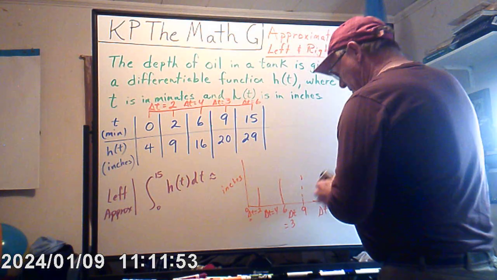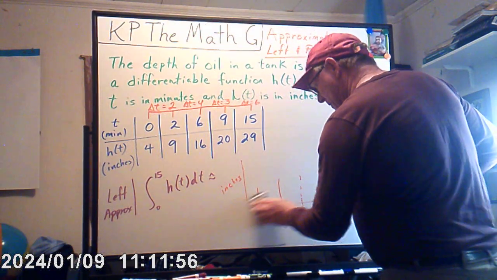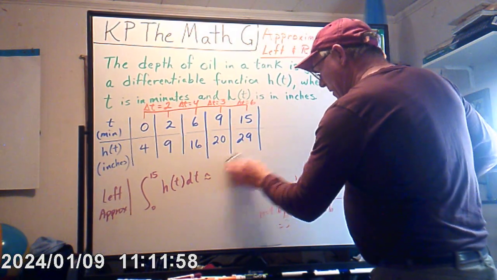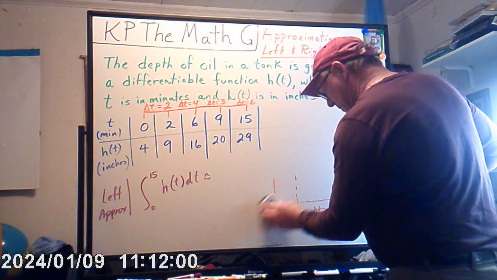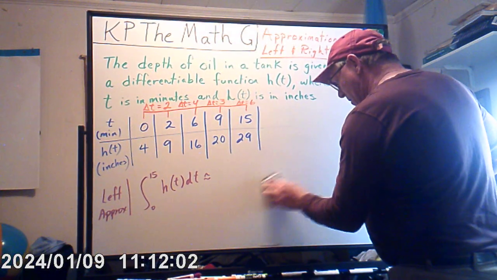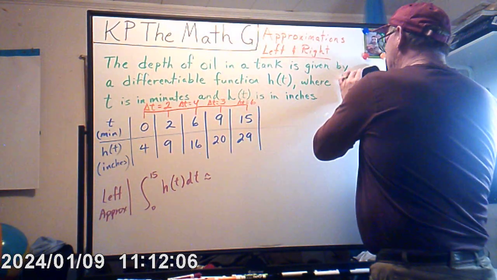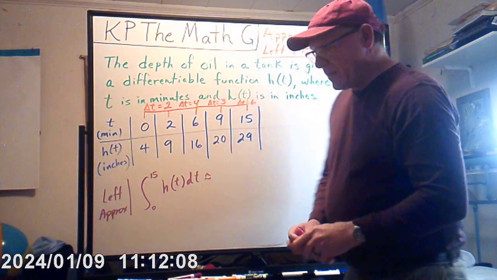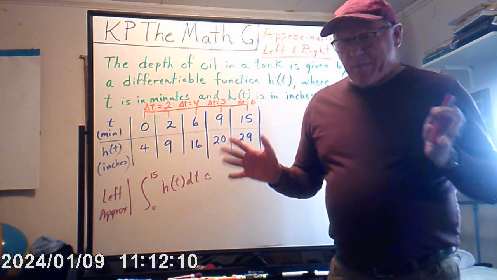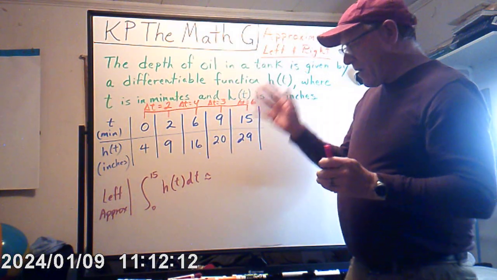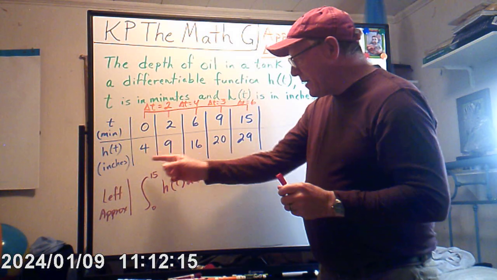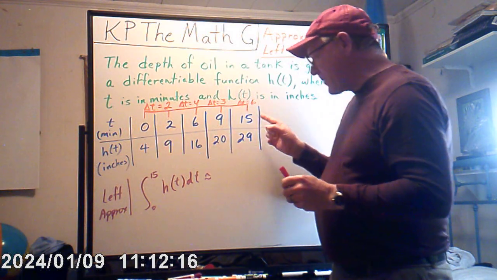Alright, let's erase this. Remember now, too, that when you are doing this, especially on your AP exam, if you're taking an AP class and you're doing a left approximation, you need to know where you're going, from 0 to 15.